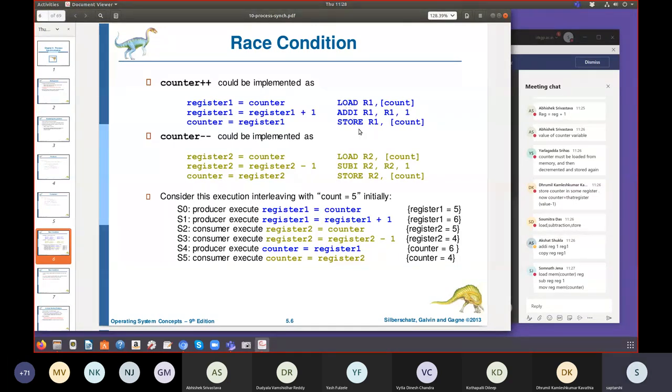And we cannot guarantee that between 2 instructions, a process will not be swapped out. And when exactly a process is swapped out is not in our control, or not in the control of the process. So this is how shared data can become inconsistent. Is the situation clear, or any questions?